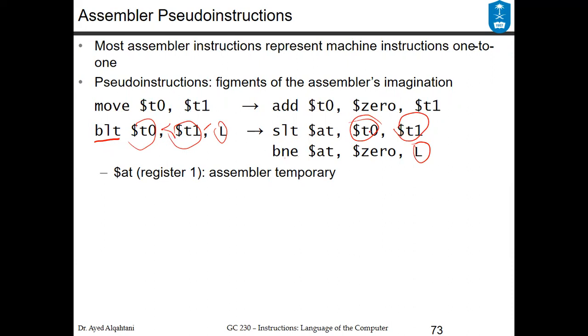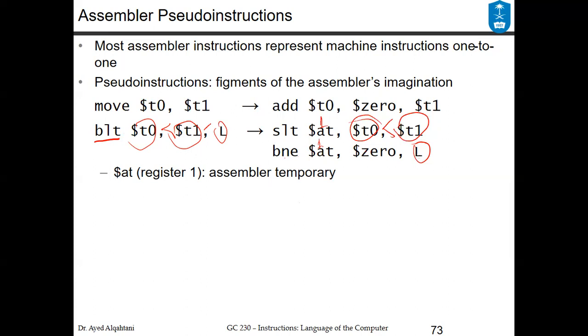So you set less than. If these are less than, you will set this one, so if this is true, this would be 1. And then if this is 1, you will branch if they are not equal to the label L. Here we say branch if less than. So if they are less than, you will branch.